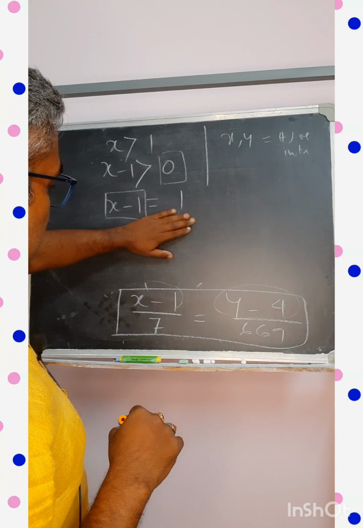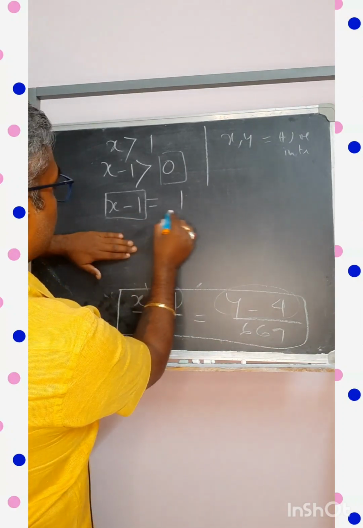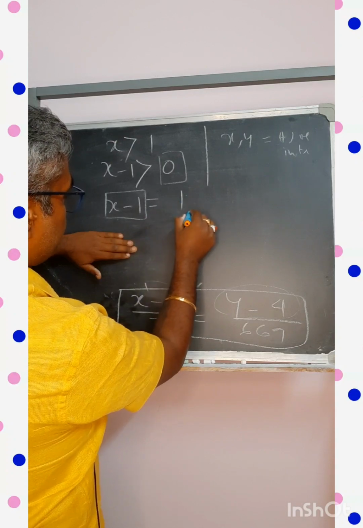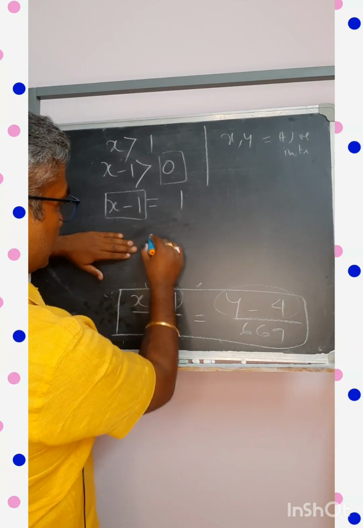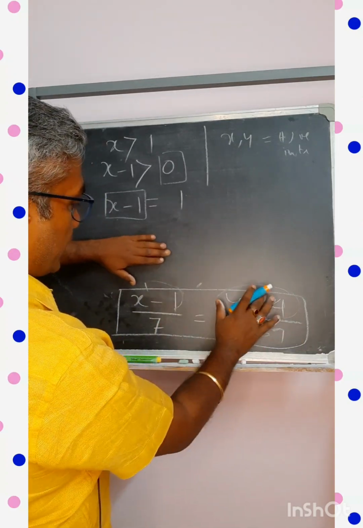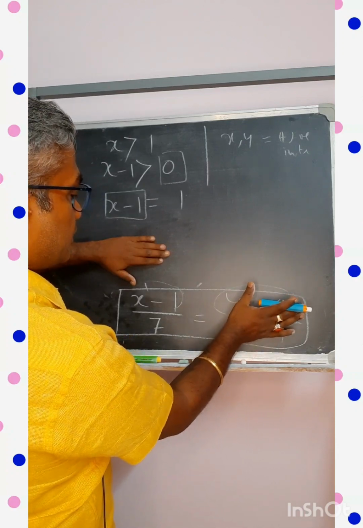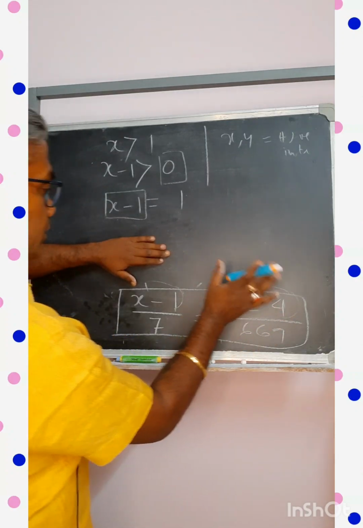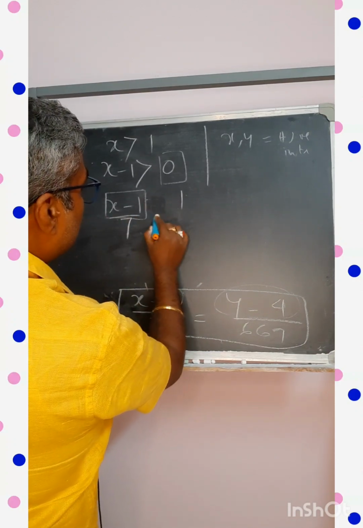But if I say x minus 1 is equal to 1 and put it there, y will become a fraction. So to give y a firm value that definitely makes it an integer, this total fraction has to be equal to 1.